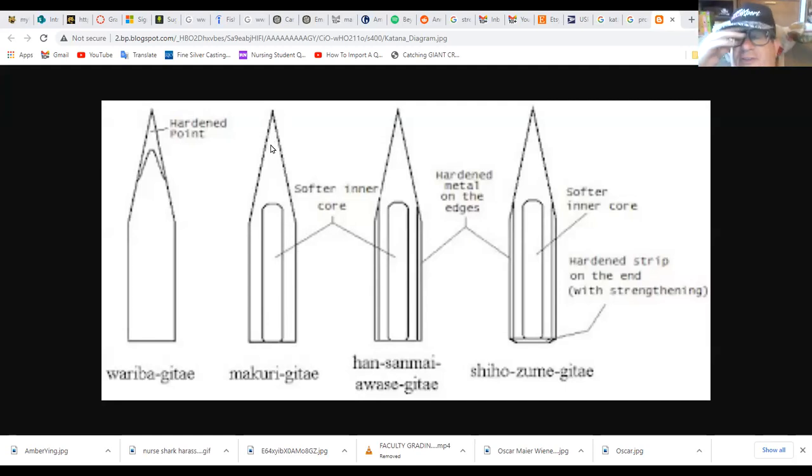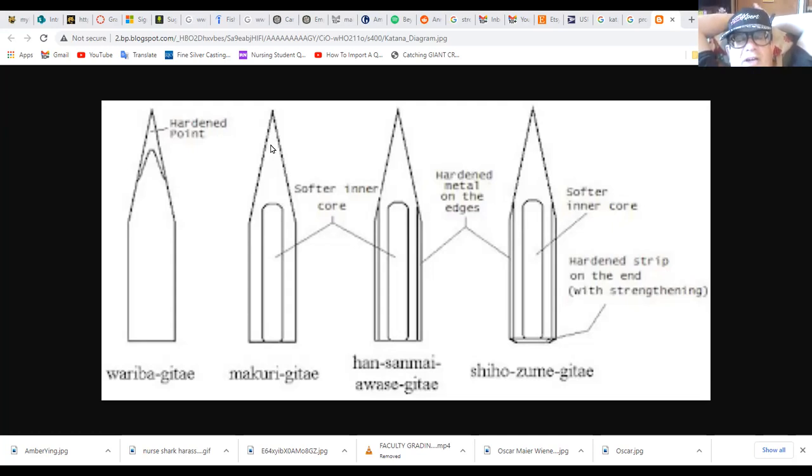What this does is if you made a whole sword out of that harder jacket steel, you would be much more likely to break the tip off of that sword when you were using it. You don't want to go in battle and have the tip broken off. That sucks. So what do you do to prevent this?